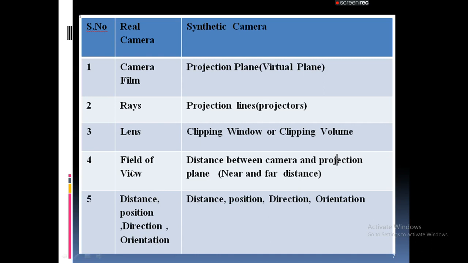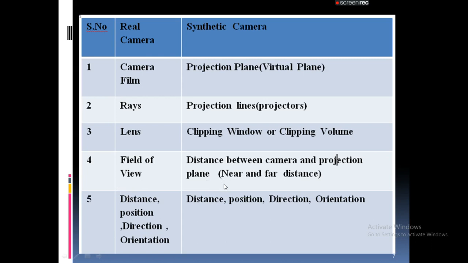Next, we need to decide field of view, or I can say angle of view. Angle of view decides what is the area we are covering with respect to that image. But in case of synthetic camera, how to adjust field of view? It is the distance between camera and projection plane. What is projection plane? Already we learned. Projection plane is nothing but camera film. Now the distance between camera and projection plane is nothing but field of view.